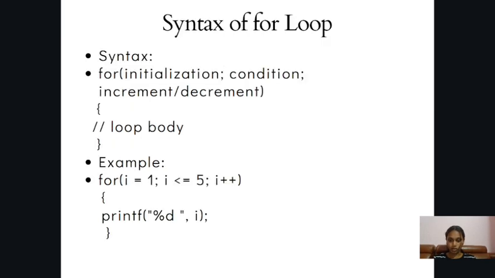First, the for loop. The for loop is one of the most commonly used loops in C. It is an entry control loop, meaning the condition is checked before executing the body. The for loop is mainly used when we know in advance how many times we want to repeat a task.